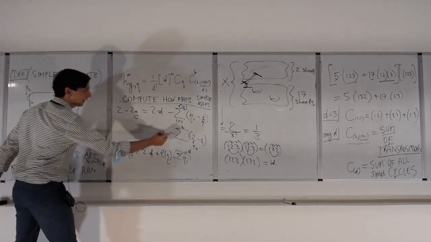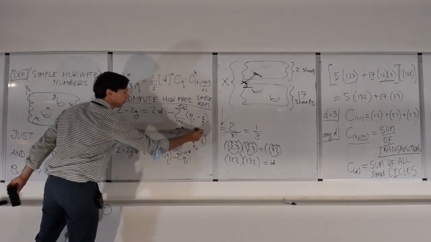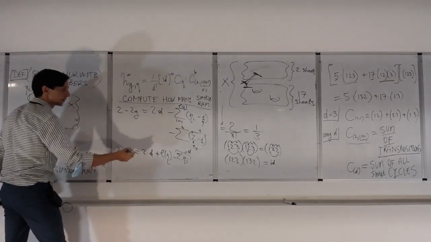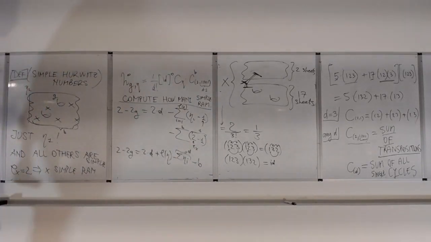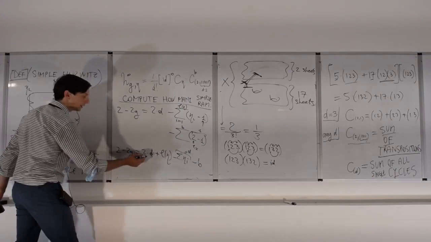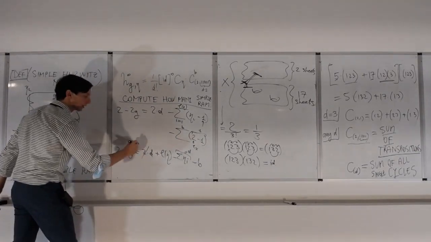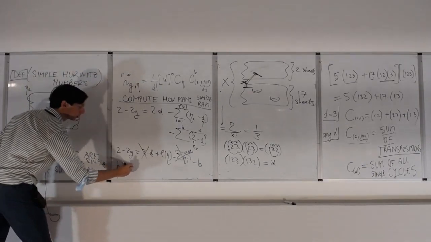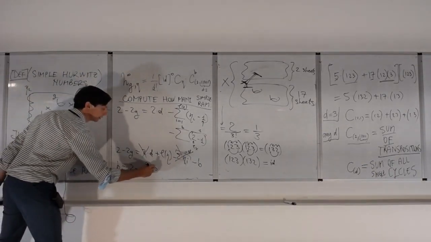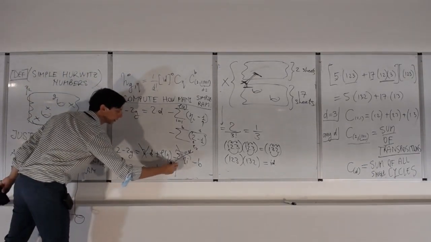And then it's minus, okay, 2 minus 1 is 1, and we have b of them, so it would be minus b. So now you have minus d and d, they go away together. So you can cross the 2 and that. And so now b is equal to 2g minus 2 plus the degree plus the length of eta. And that's it.